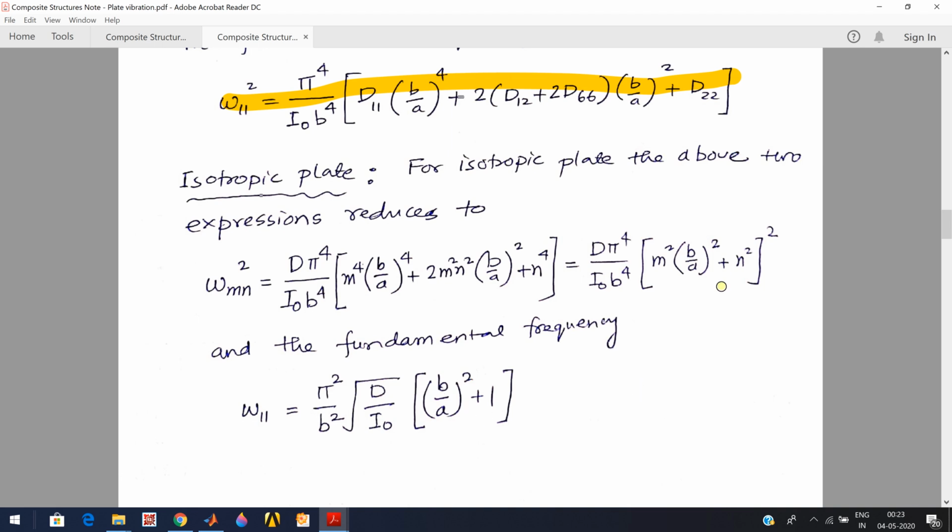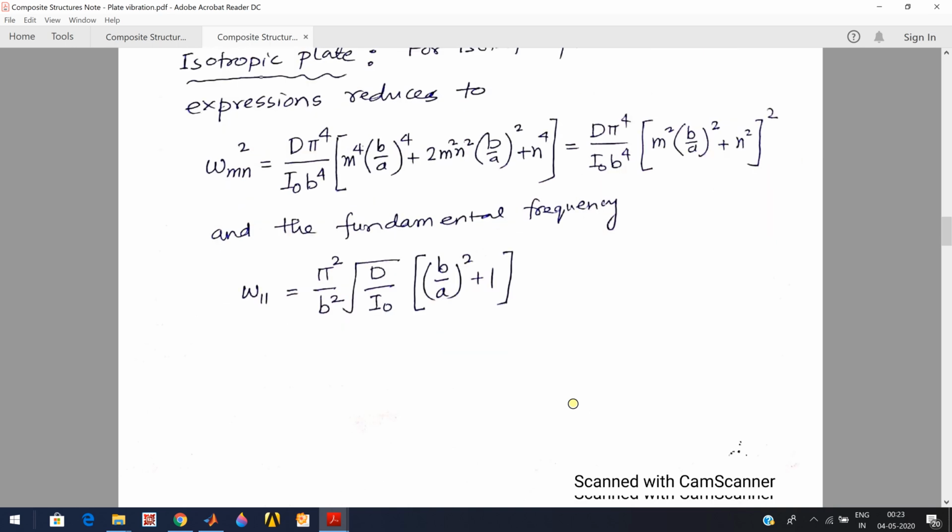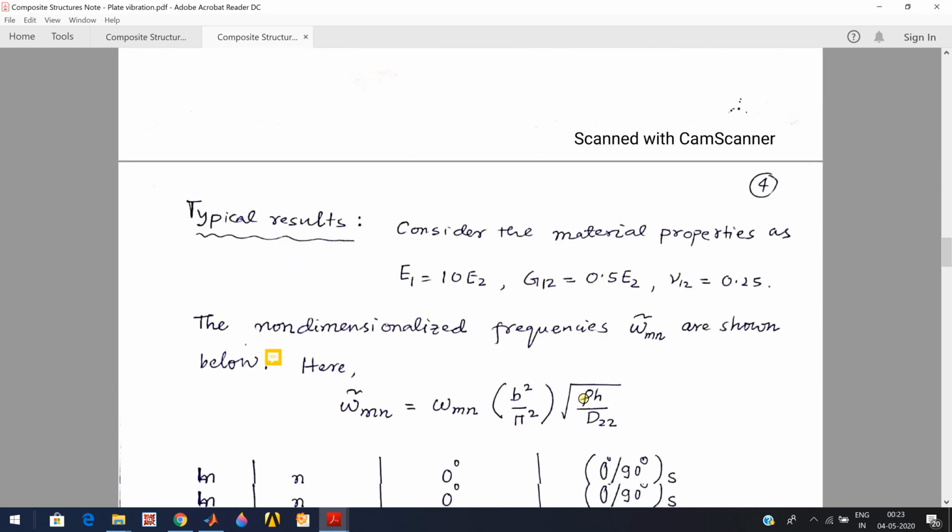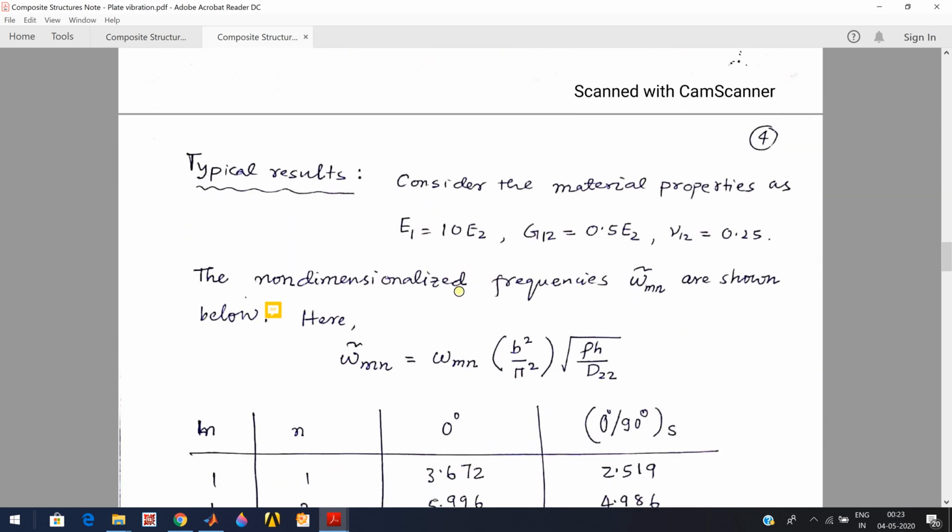But for rectangular plates, b by a will not be equal to 1, and we will get a frequency which is dependent on the plate aspect ratio. Okay, now we'll see some typical results for some material properties and plate aspect ratios.